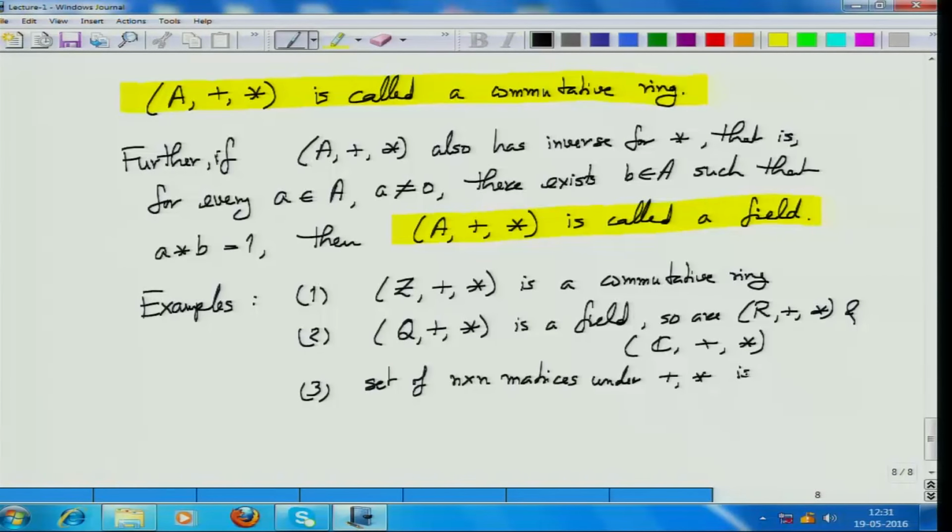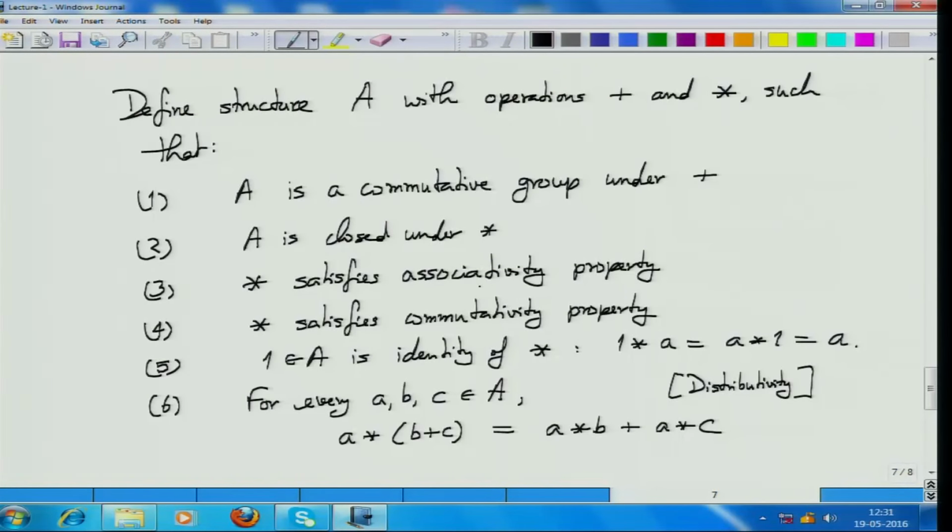What structure is that? We saw that under addition it is a commutative group. How about multiplication? Does it, let us see, closure property, is it there? Associativity, there we have seen that A times B times C is AB, or whichever way you multiply you get the same result.